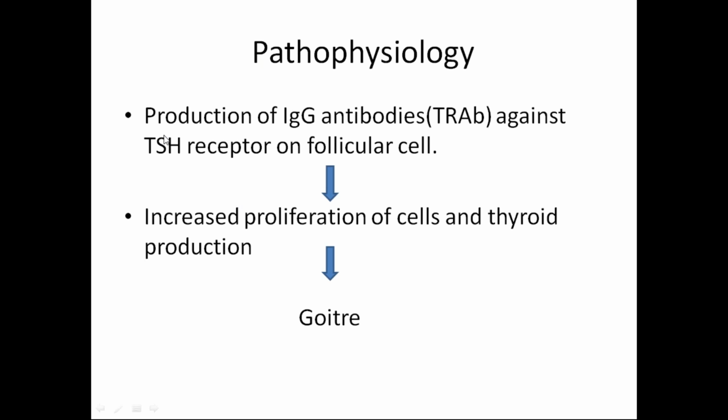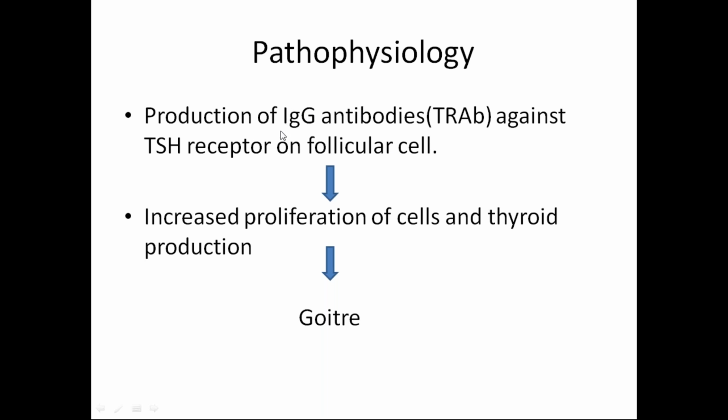Coming to pathophysiology, since it is an autoimmune disorder, in autoimmune disorders there is the production of antibodies against our own thyroid cells, our own cells. So in this also the IgG antibodies are produced against the TSH receptor on the follicular cell of the thyroid gland.